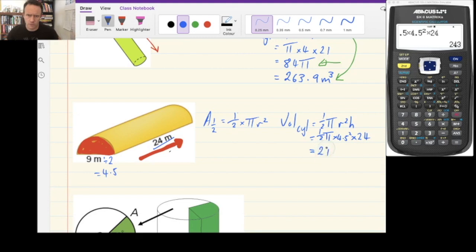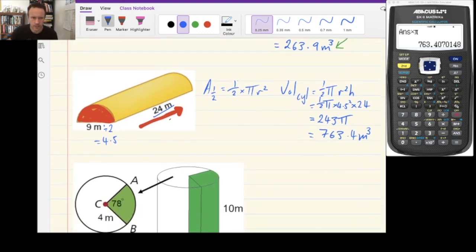So we get 243 pi as the exact value. Then if we want the approximate value, we just go up here. I've already got that in there, so I can just hit times and bring up pi, shift pi there, and we get 763.4, and the units are meters cubed. So that will give you the volume, how much space that shape will take up.